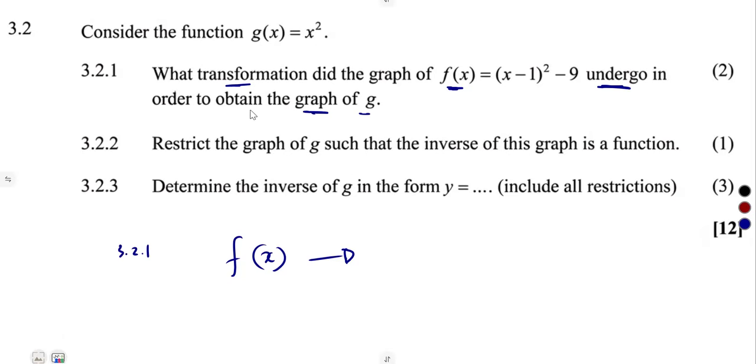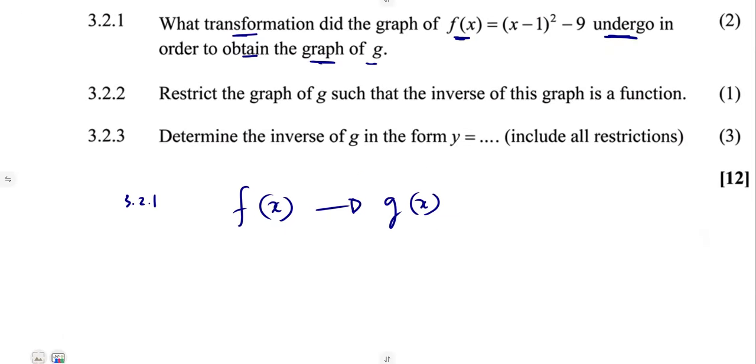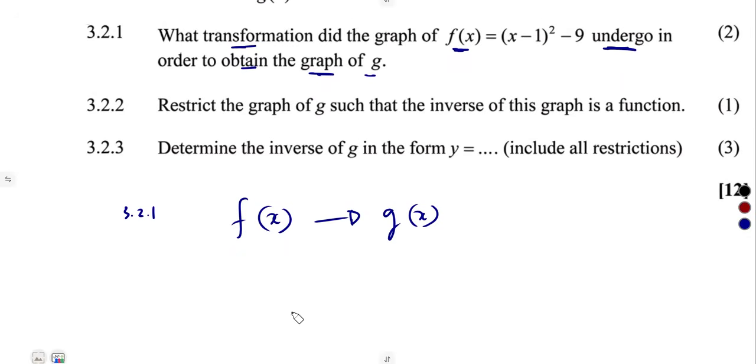To obtain what? g of x. So what actually happened? We need to figure out, from that f of x which is given as x minus 1 squared minus 9, what gives us a graph which is now g of x.